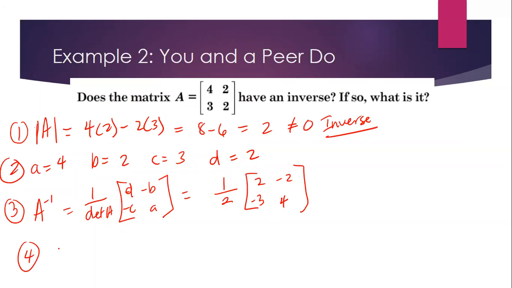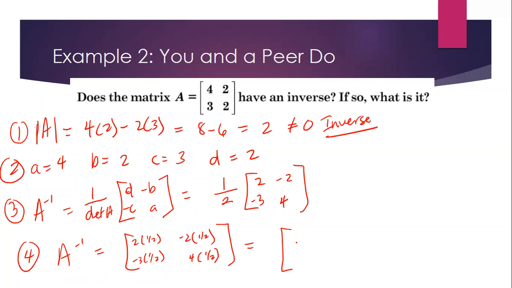Step 4 is you evaluate that, and you end up with 2 times 1/2, negative 2 times 1/2, negative 3 times 1/2, and 4 times 1/2. And you get 1, negative 1, negative 3/2, and 2.